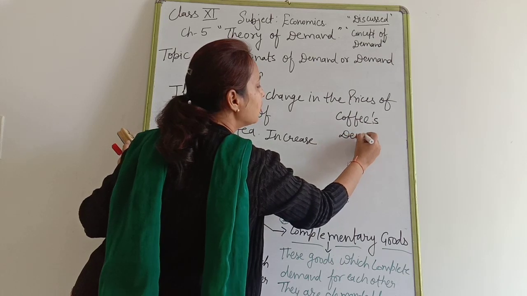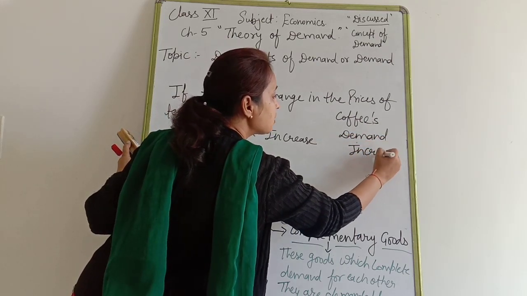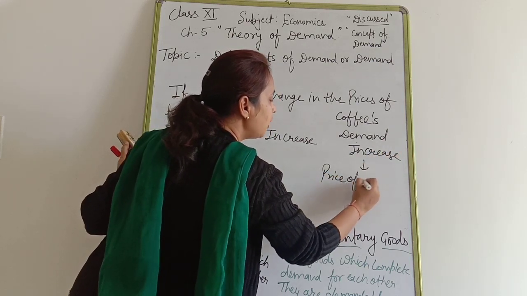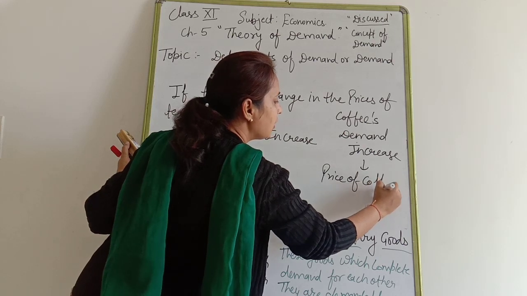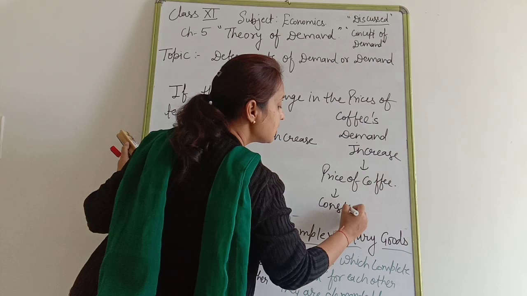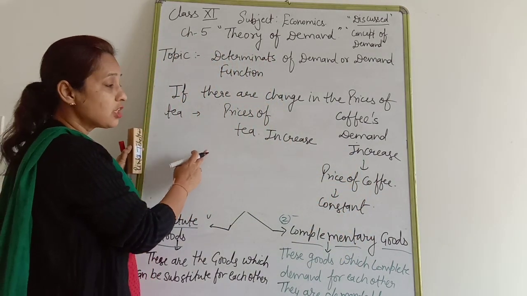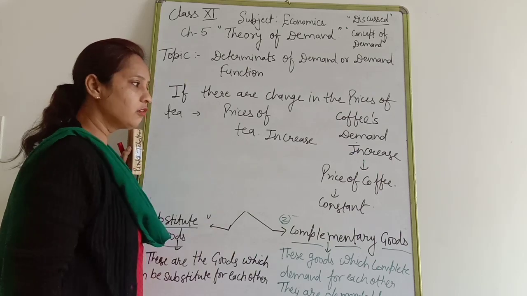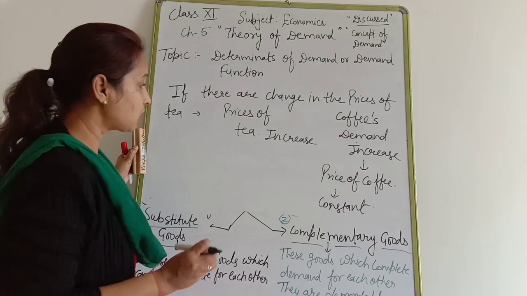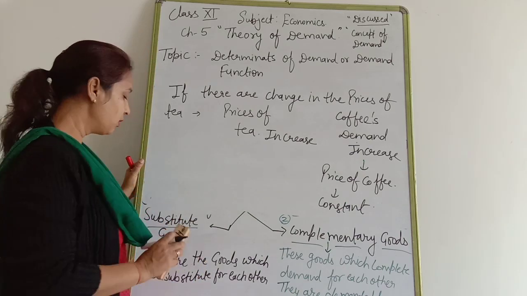Coffee's demand increases, although the price of coffee is constant. Price of coffee constant, clear? But its demand increases due to the prices change of tea. That kind of goods are known as related goods and these goods are known as substitute goods. Clear? Now we are going to draw the diagram.